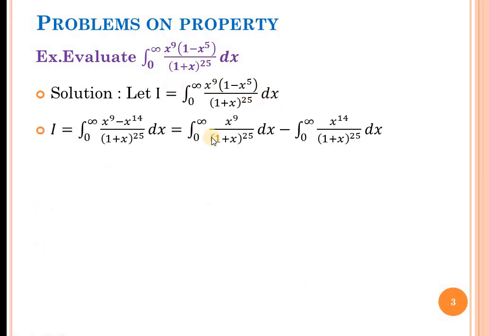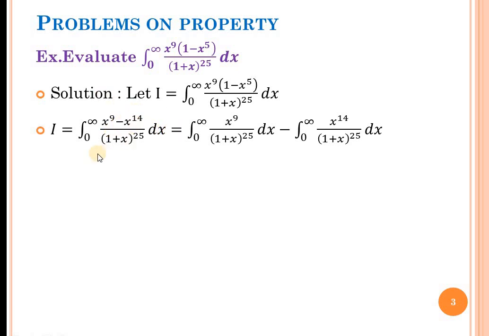Here I first multiply this x raised to 9 inside. It becomes integration 0 to infinity x raised to 9 minus x raised to 9 into x raised to 5, that is x raised to 14, upon 1 plus x raised to 25 dx.